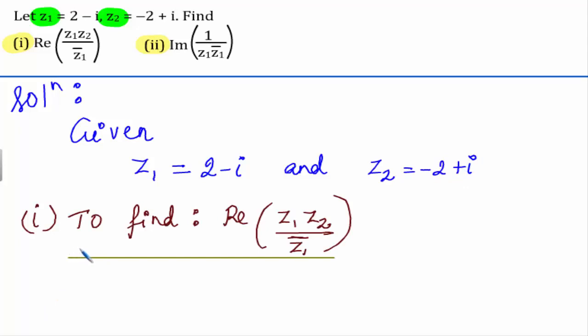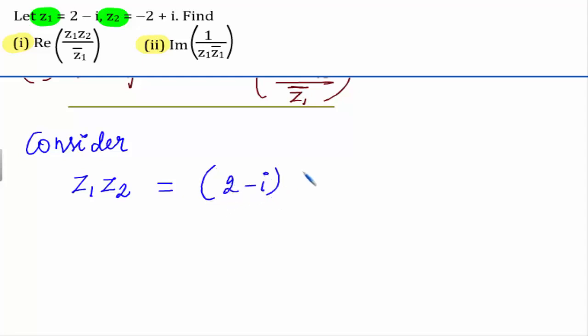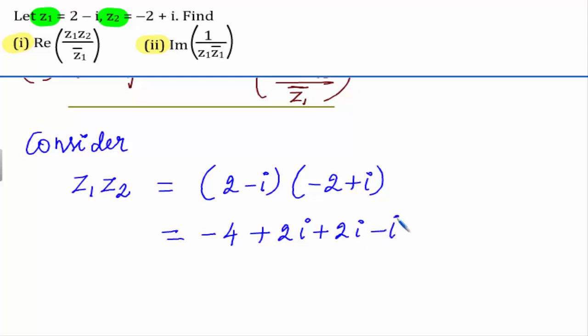In the first part of the problem, we need to find the real part of z1 z2 upon z1 bar. First, let us consider z1 z2. This will be equal to (2 minus i) multiplied by (minus 2 plus i). This will be equal to minus 4 plus 2i plus 2i minus i square.